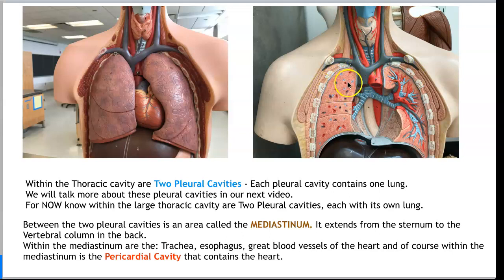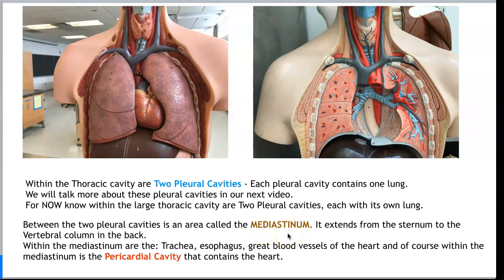In between the two pleural cavities, remember the pleural cavities are surrounding our lungs, we're going to have this region right here. This region that's starting from the clavicle up here, and its front border will be the sternum up front and the vertebral column behind it. This region right in here is called the mediastinum.